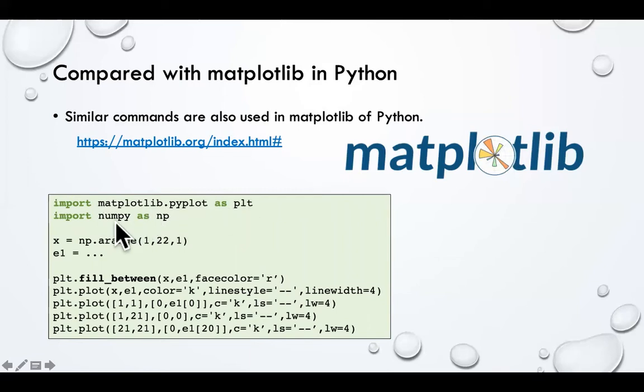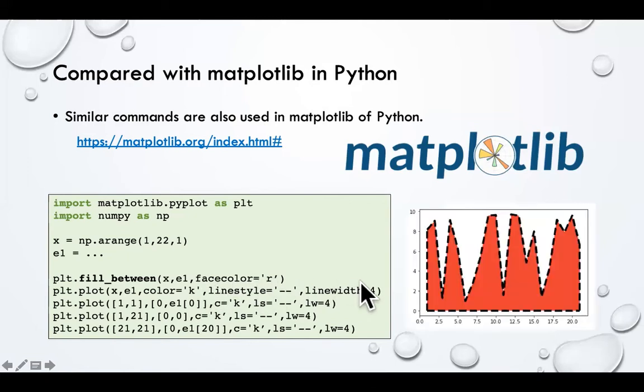And here I import NumPy because I want to create one array for x. In the matplotlib library, there is no area function, so we use fill_between. Then you can see the same property option called face color R, so you get exactly the same picture on the right.